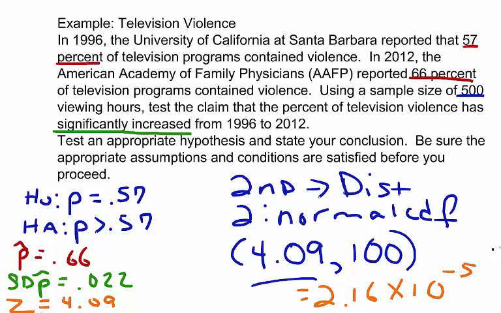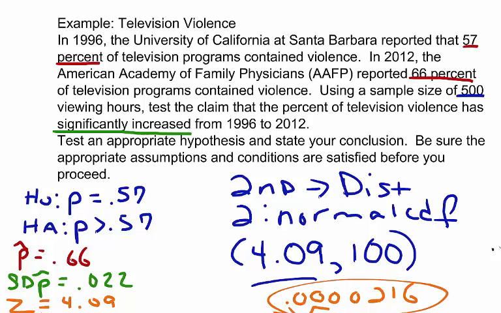This is an extremely small probability. In other words, we're saying that in a sample like ours, the likelihood of achieving a value of 66%, given that 57% is the accepted proportion, would happen 0.0000216 of the time.